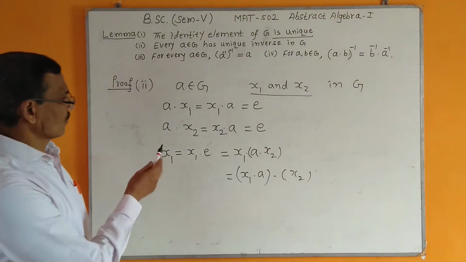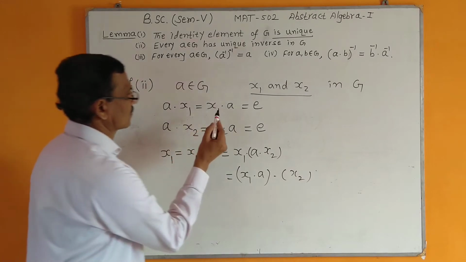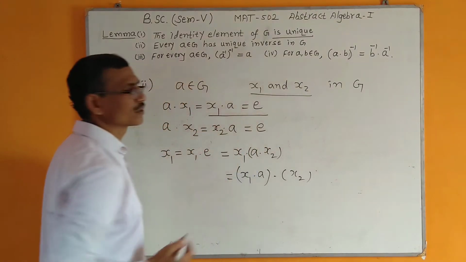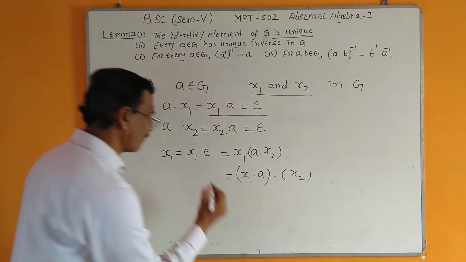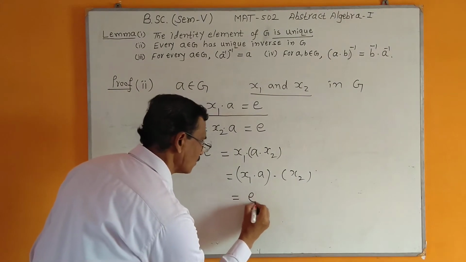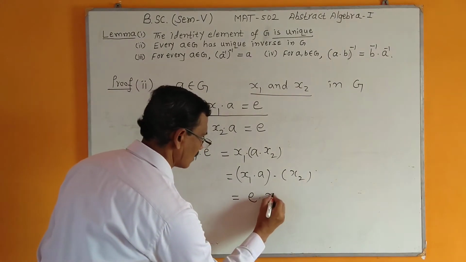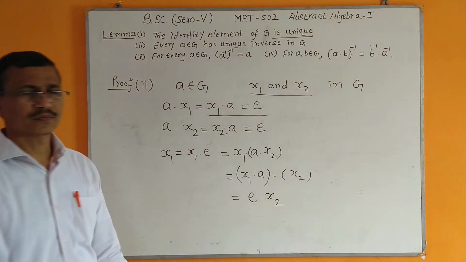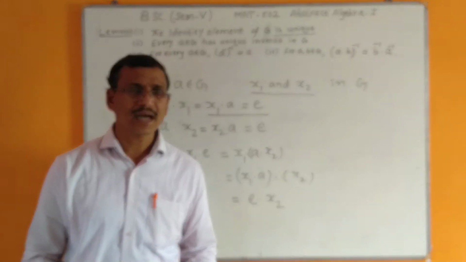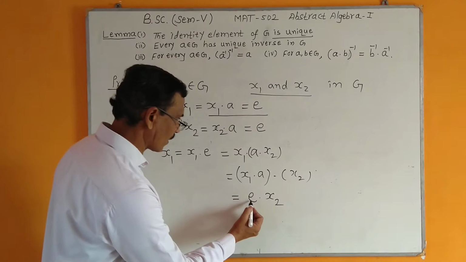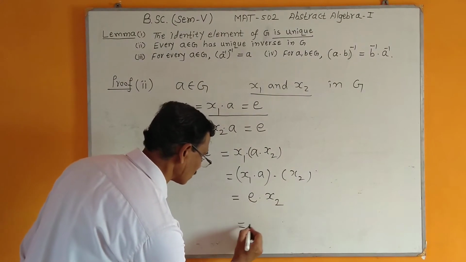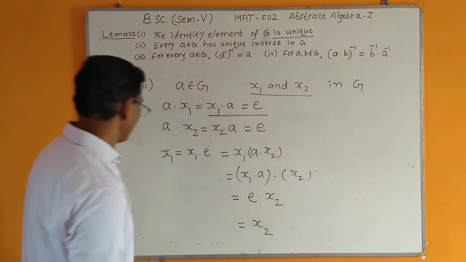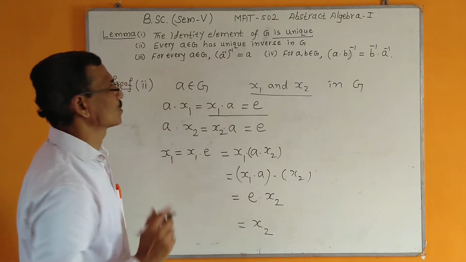But by the first equation, x1 · a is equal to e. Now put that value here. This will become e · x2. But e is the identity element, and therefore e · x2 is equal to x2. That means we get x1 is equal to x2.